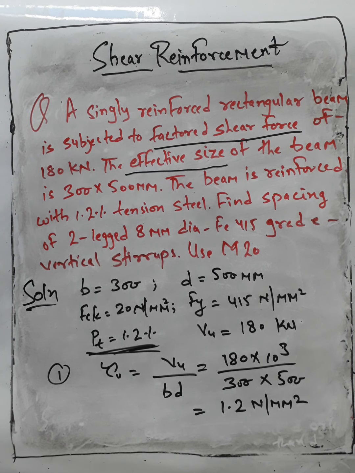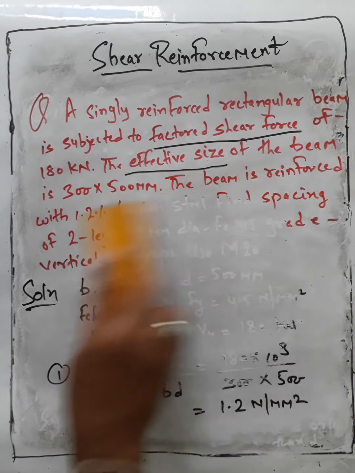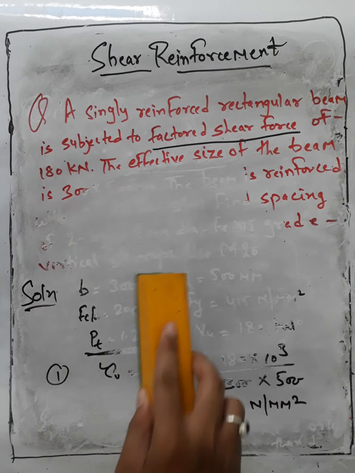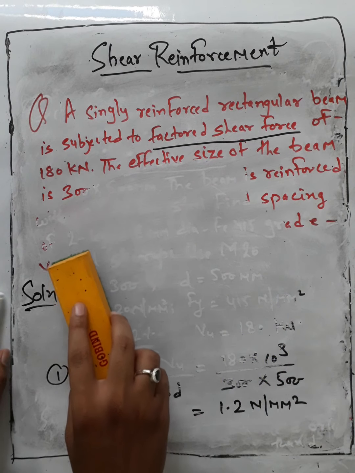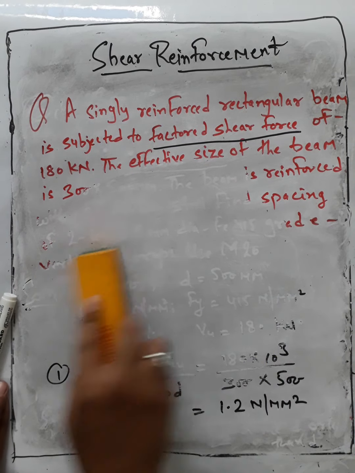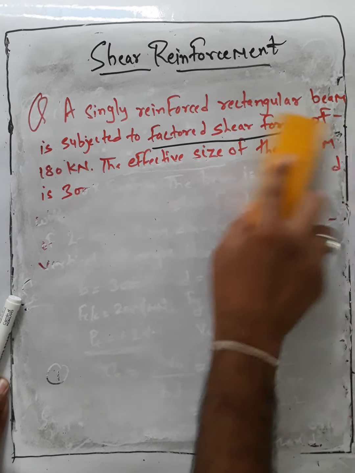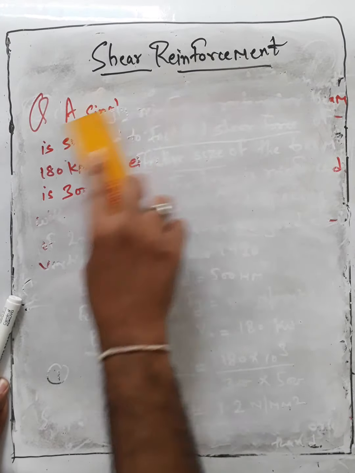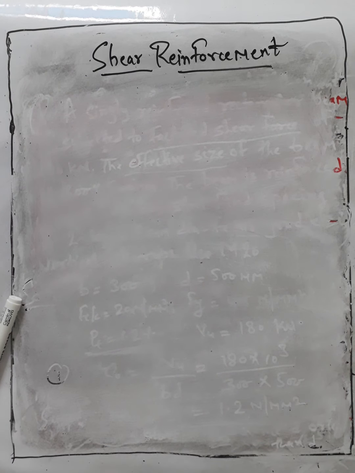Now in the second step, what do we have to do? We have to compare this tau v with tau c max. For that you have to see table number 20 of IS 456 2000.